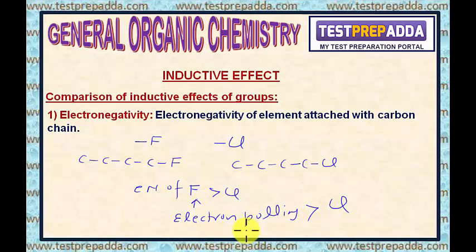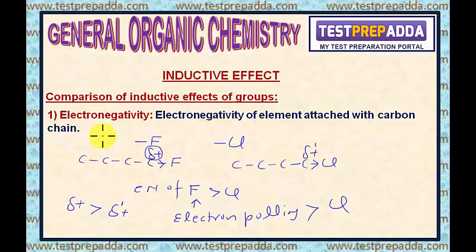For F, the electron withdrawing tendency is greater. So in case of F, the positive charge developed on carbon will be greater than positive charge developed in case of Cl. So this delta plus is actually greater than this delta plus. The point is clear. This is electronegativity.